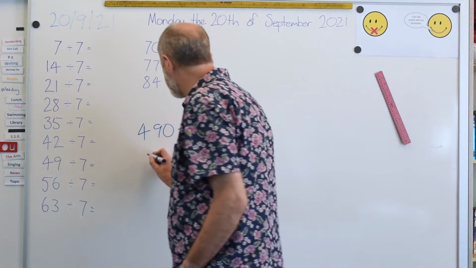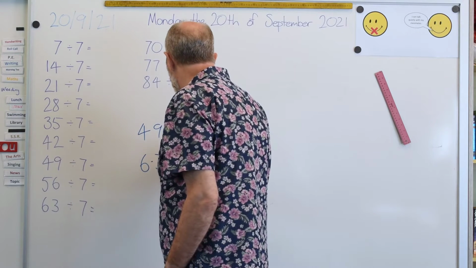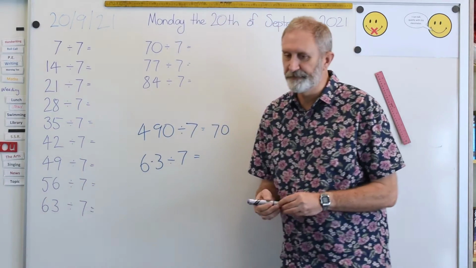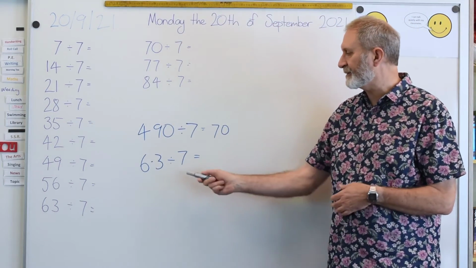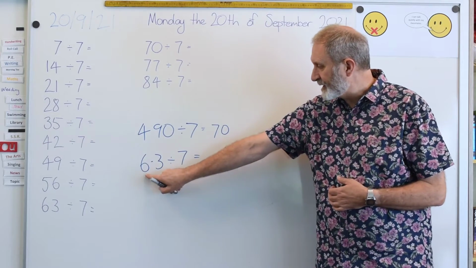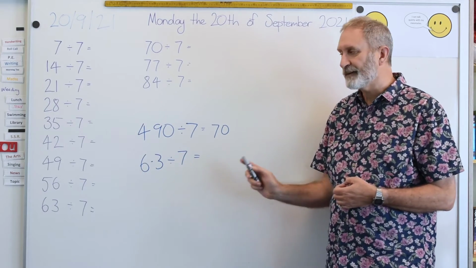What if the number was 10 times smaller? Teeny tiny pieces we're going to be chopping into, aren't we? In fact, because this 6.3 is less than 7, the answer is going to be less than 1.